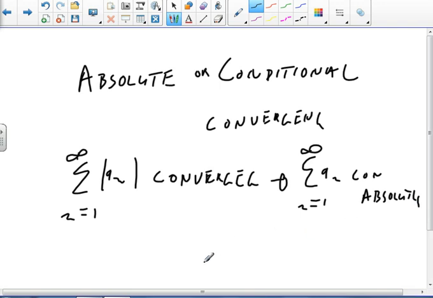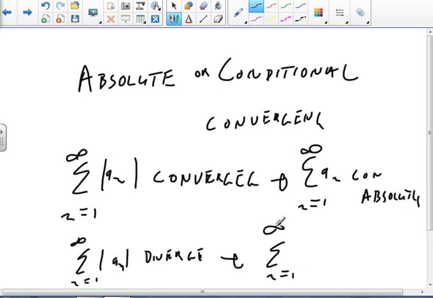And if the summation from n equals 1 to infinity of |a_n| diverges, but the original series does in fact converge, then it converges conditionally.